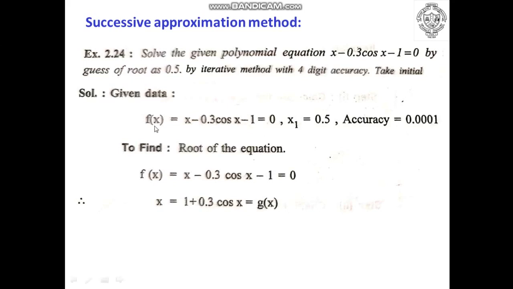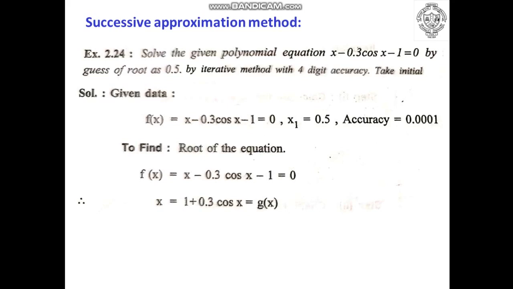So now let me write the function f of x as x minus 0.3 cos x minus 1 is equal to 0. x1 is given, that initial guess is 0.5, and accuracy is told for 4-digit accuracy. That means you can consider accuracy as 0.0001.